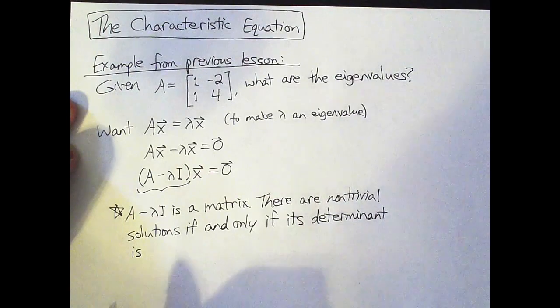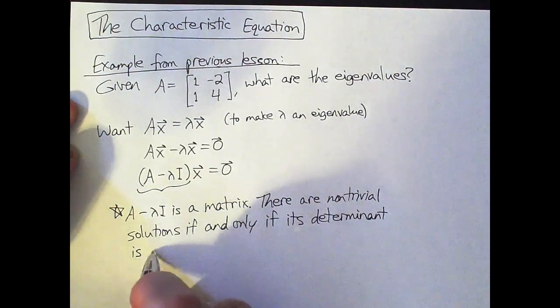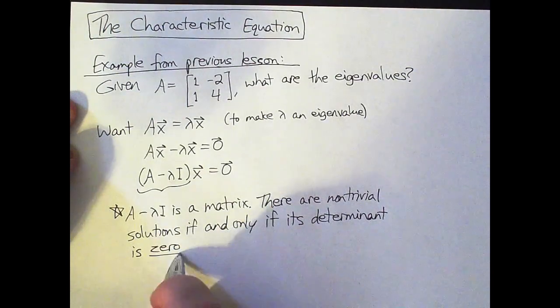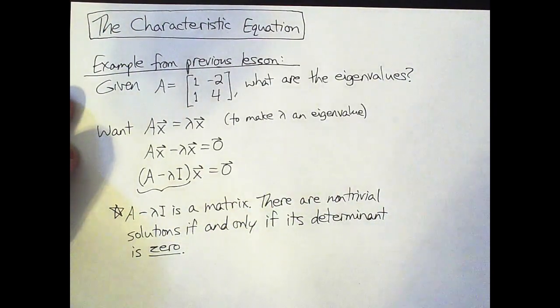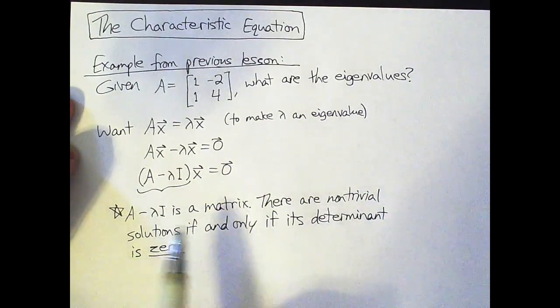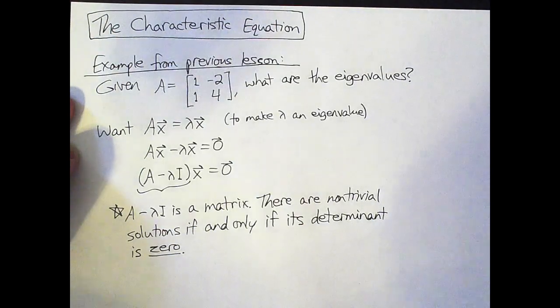Do you think I need to say 0 or non-zero? It's one of those, right? 0. If A minus lambda I has a determinant equal to 0, then this homogeneous equation has non-trivial solutions.